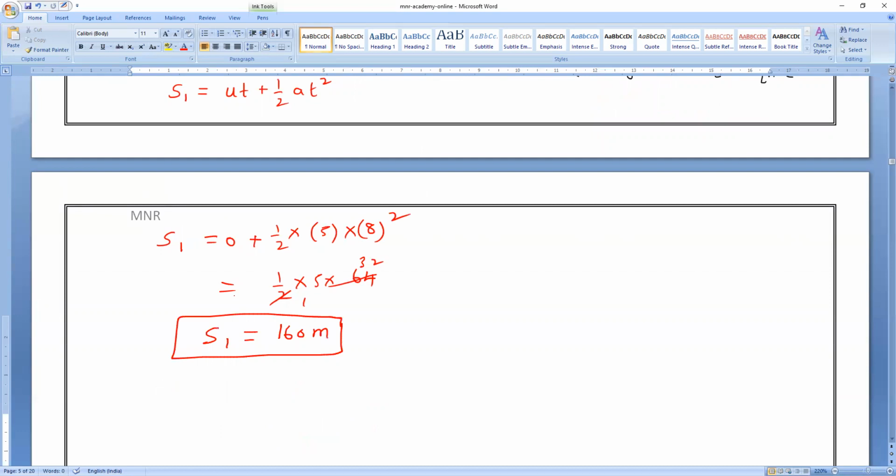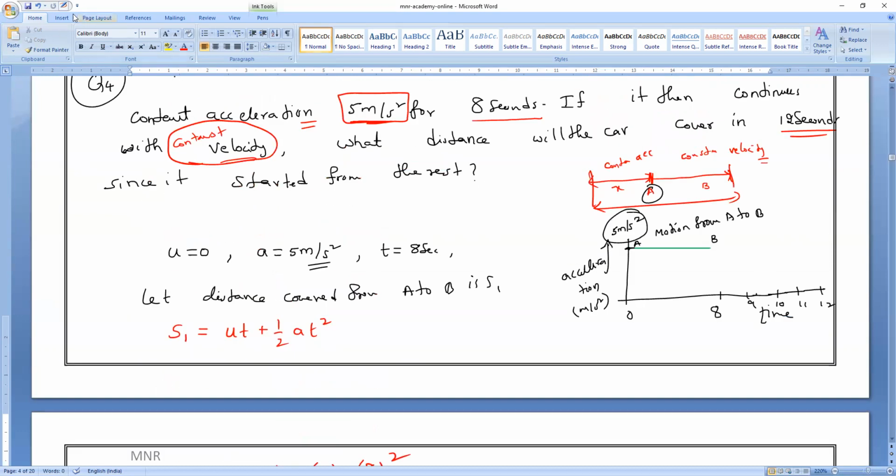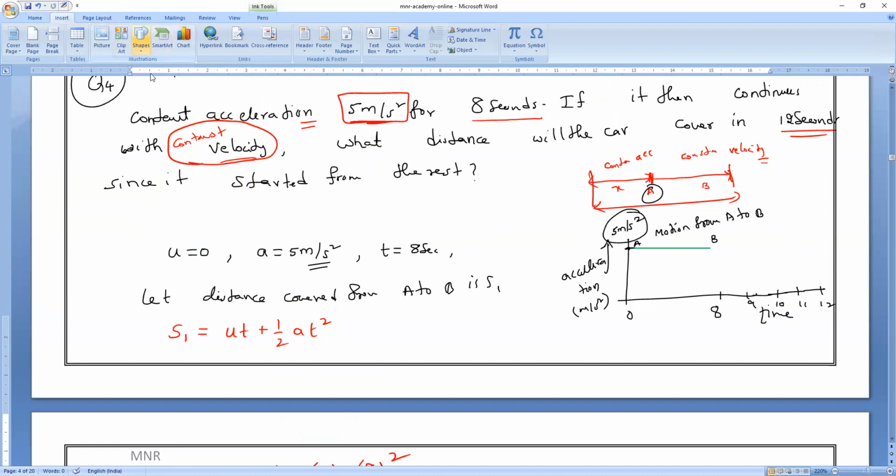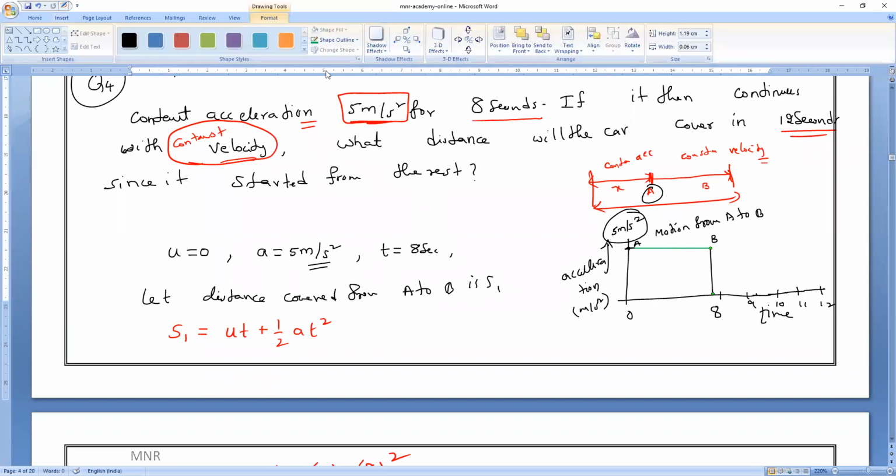Clear? 160. So till here I will take a line. Till 8 seconds, what is the distance traveled by the body? Everybody respond, guys. 160 meters.